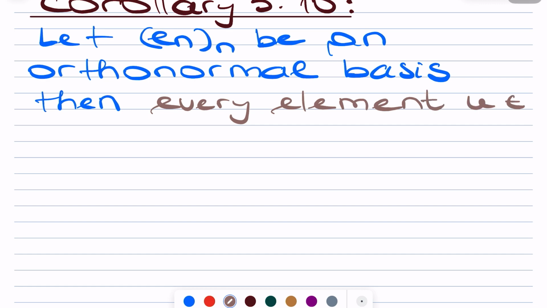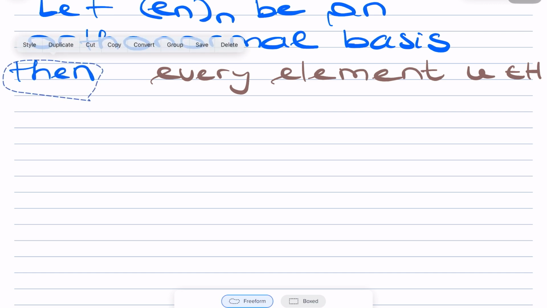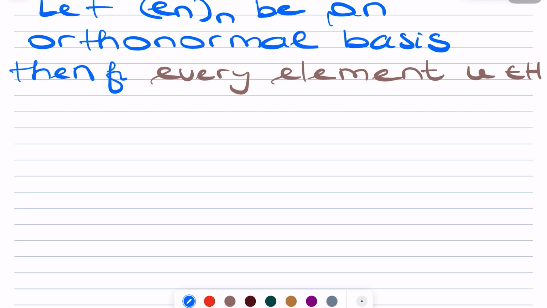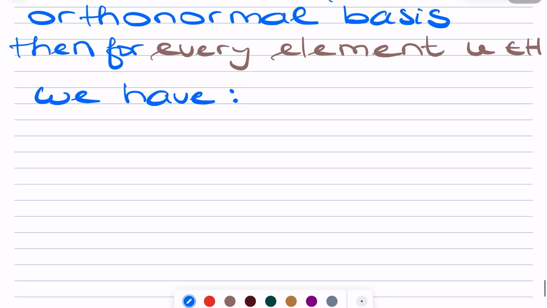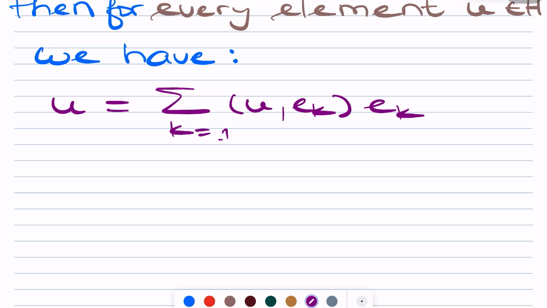Then for every element u in H, we have that u is the summation of the scalar product of u and e_k, times e_k, k running from 1 to infinity.